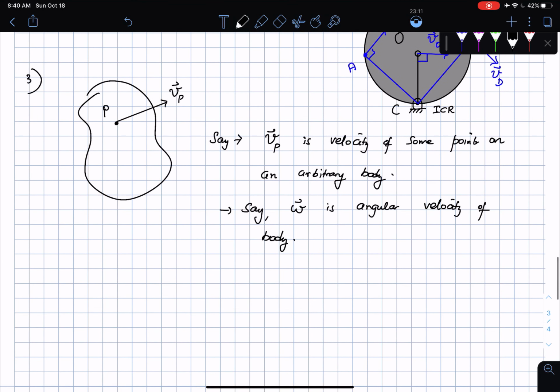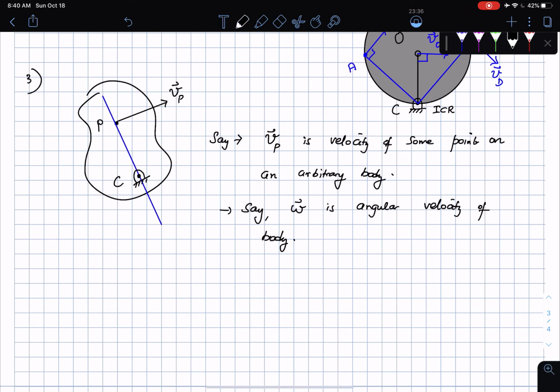Let's say that at some point in time this is the instantaneous center. Okay, so first of all, here is what I would do. Before I draw the instantaneous center, I would draw a line that is perpendicular to this velocity here. What we know is that the instantaneous center lies along that perpendicular line. Let us assume that this point is the instantaneous center at that instant in time.